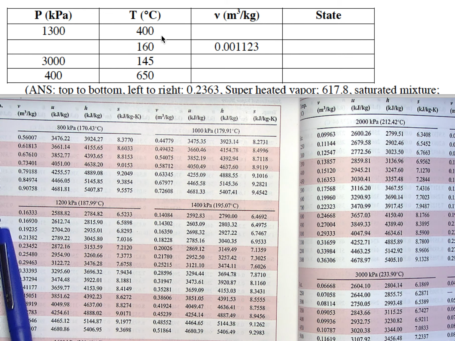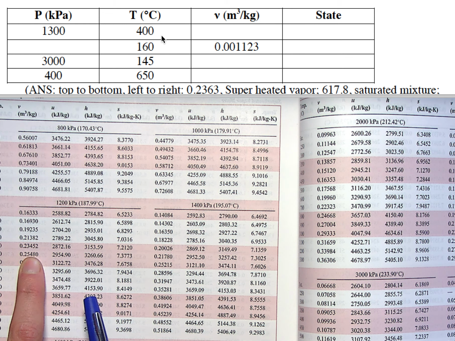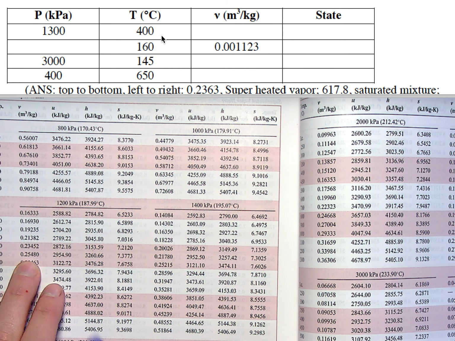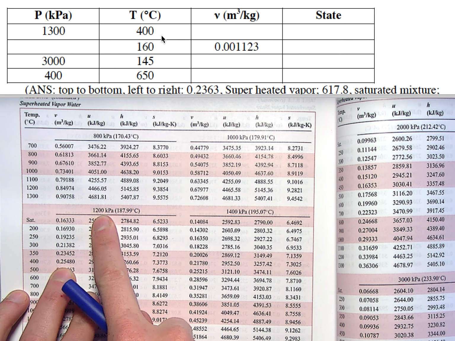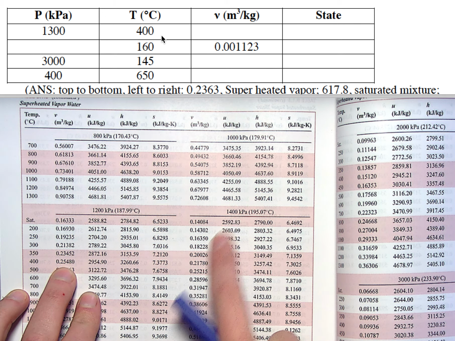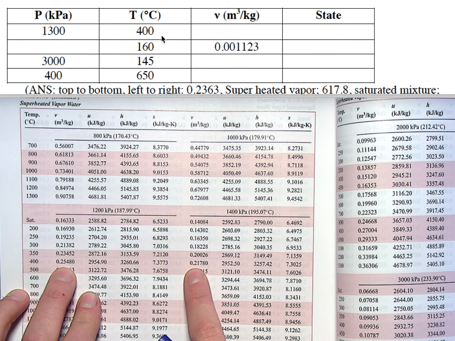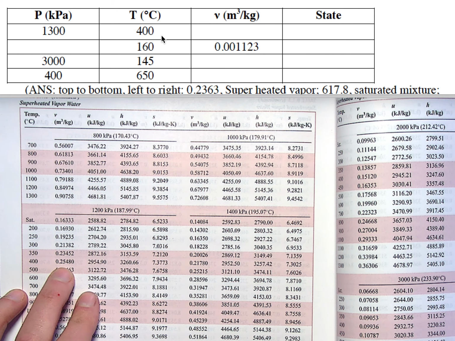But if you go down to 400 and look up the v value for 400 degrees C under the 1200 kilopascals, do the same thing under the 1400 kilopascals. We're going to write those two down for the two different pressures, and then we're going to interpolate.